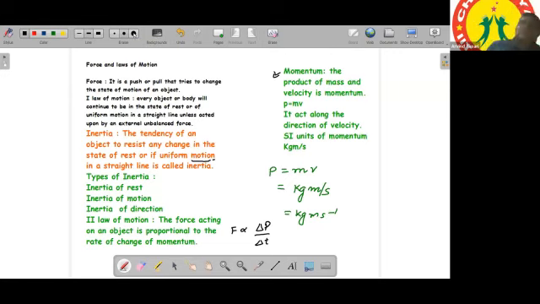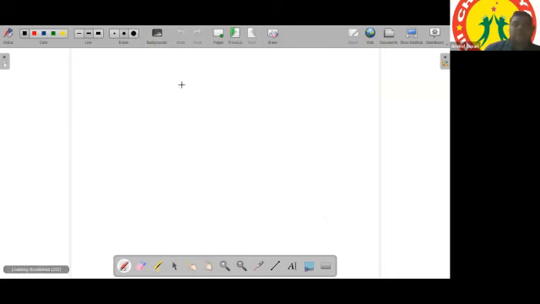Okay. So let us try to understand this concept, and from here you also get the formula. Force is proportional to delta P by delta T, where delta P represents the change of momentum and delta T the change of time.